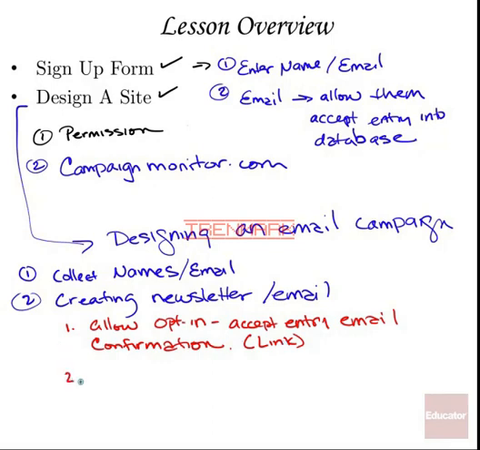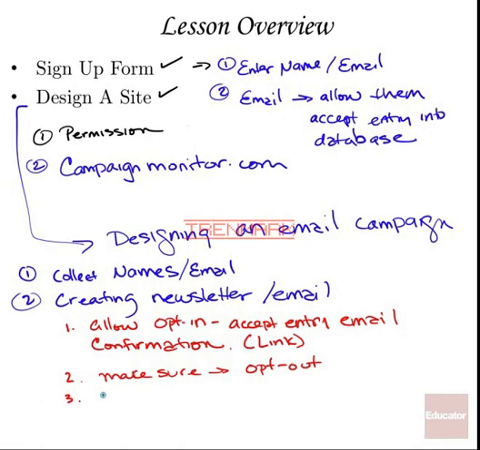The next thing you want to do is make sure that your newsletter has an opt-out. So you give the person an opt-out so they can stop receiving any more newsletters from you. You've got to do that.